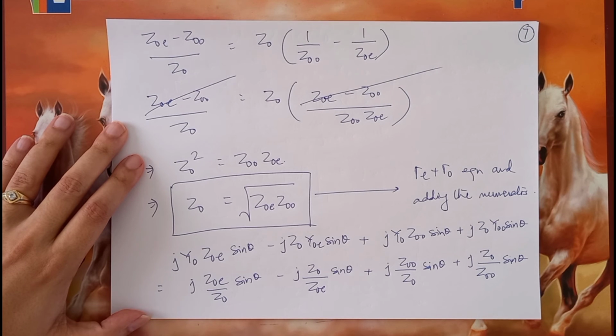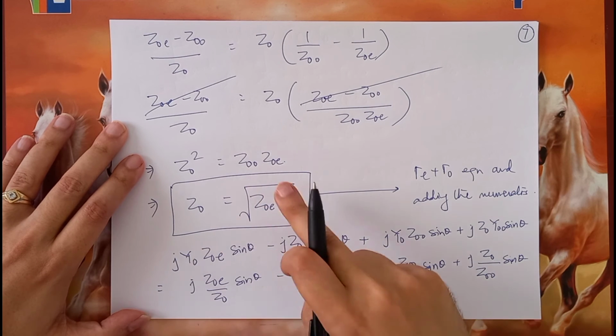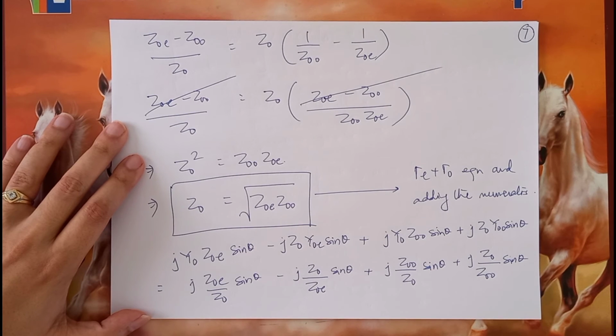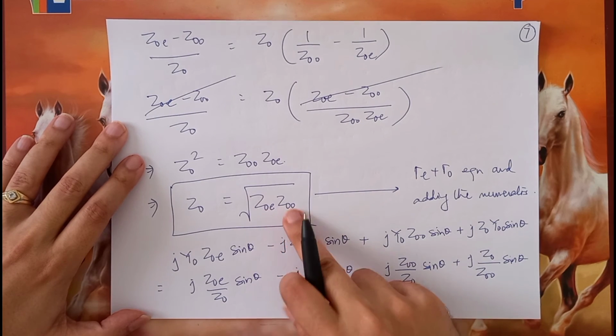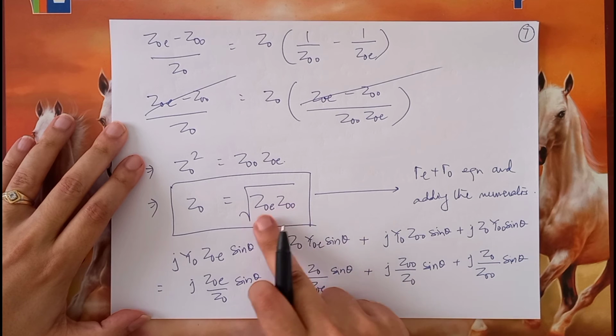So we will now put this condition over here, that Z0 must be equal to the geometric mean of these two.